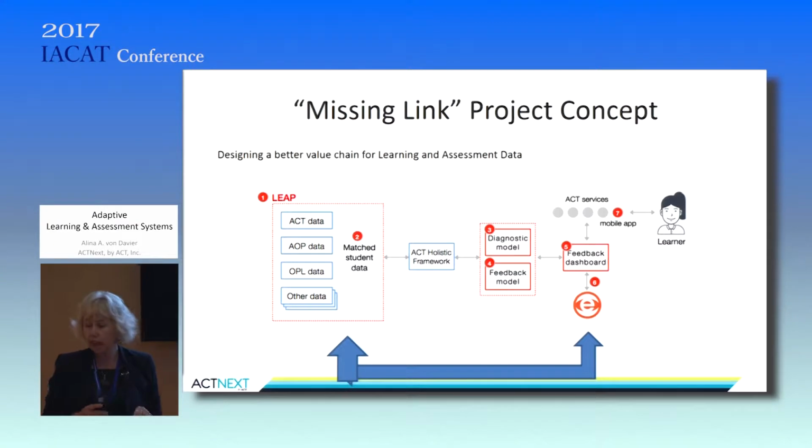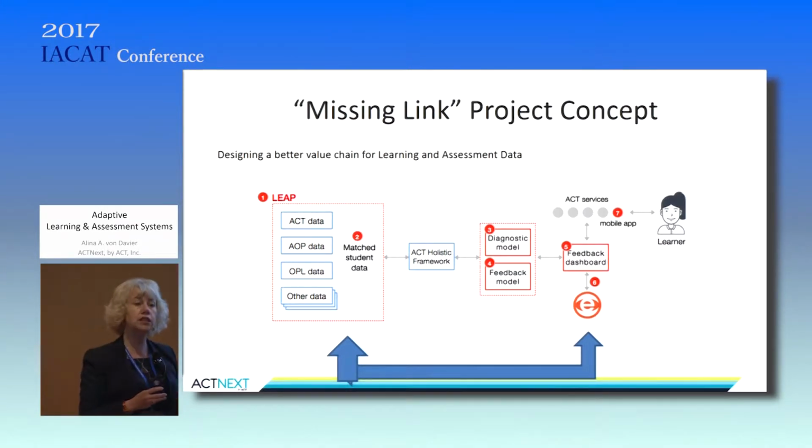Another capability at ACT, of a different nature, is called the ACT holistic framework. This is a theoretical framework that has been developed by the researchers at ACT in the past 10 years or so, and it describes the type of skills and sub-skills that are necessary for students to be successful in school and in career.